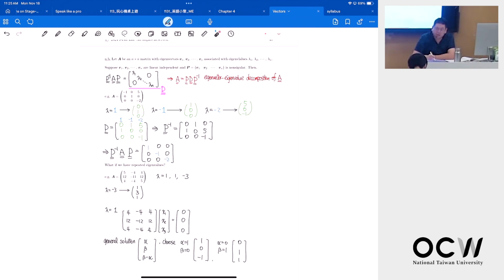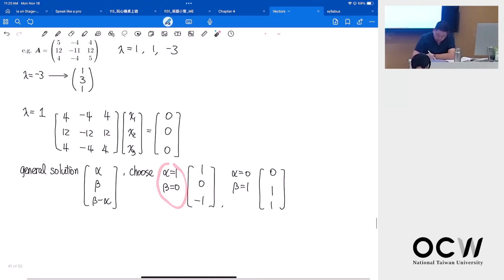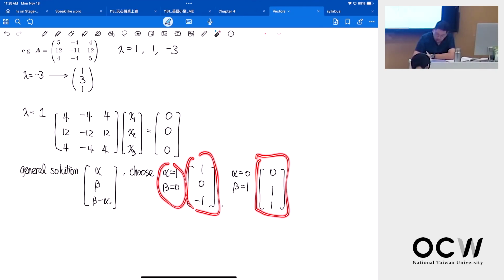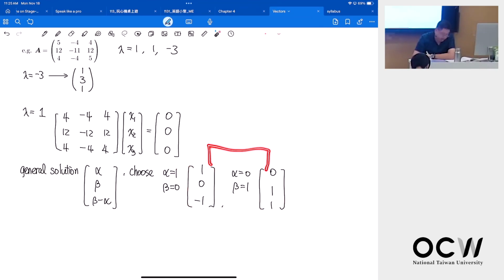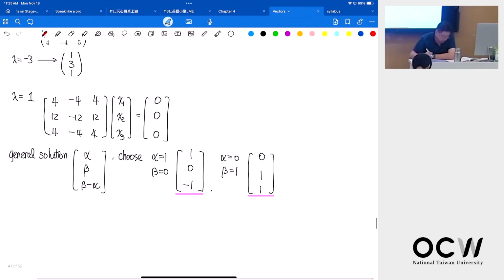So if those eigenvectors are linearly independent, then okay, I can form this P, which can diagonalize A. So if I choose these two vectors, then we need to check if they are linearly independent. And they are. For these two, they are linearly independent.